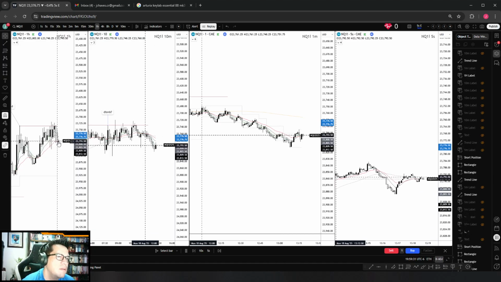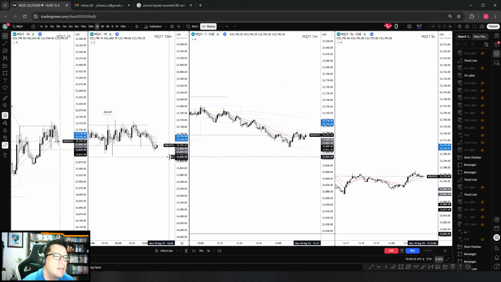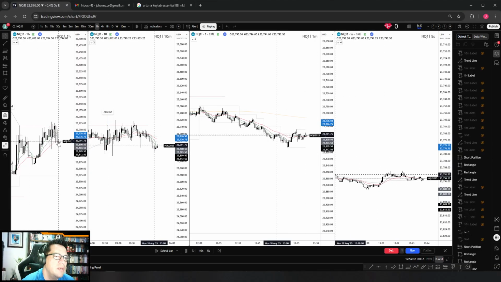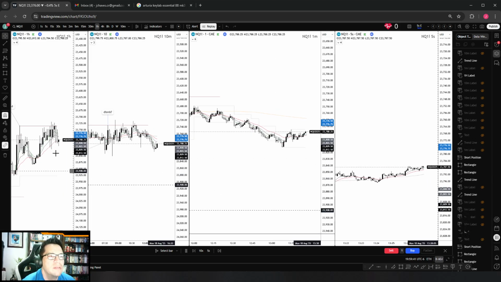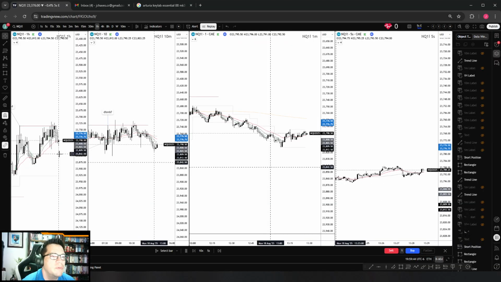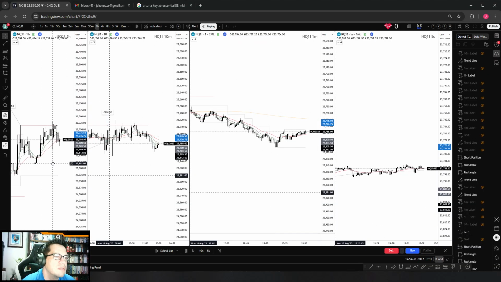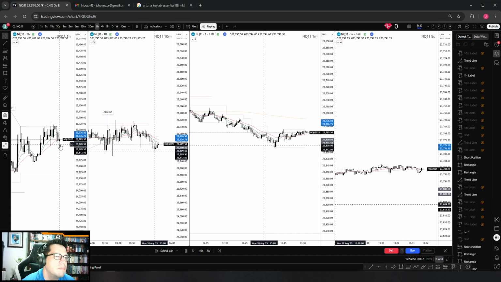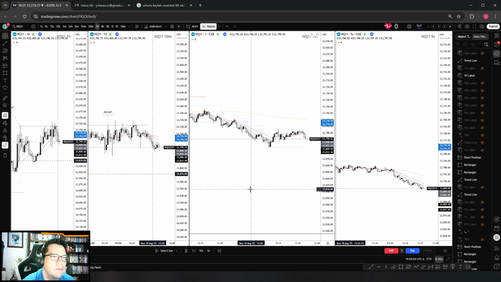Now we have to see if there's gonna be a move to the bearish side, if sellers coming from this point here, or if buyers are gonna take control and keep on moving price to the upside here, in this case on this chart on the hourly below the EMAs. So let's wait for that.